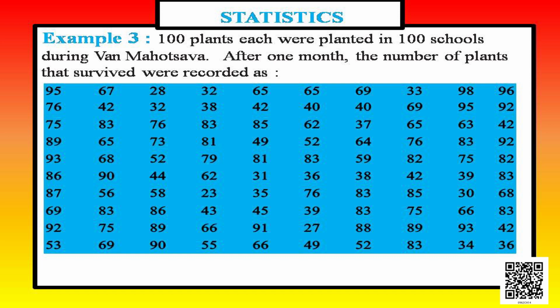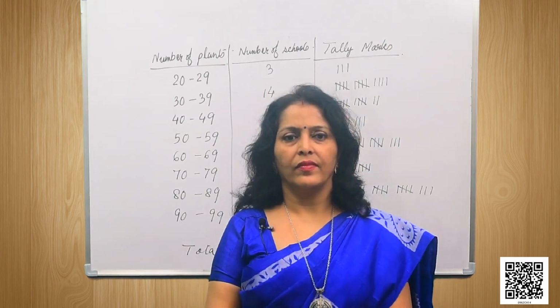All 100 numbers are given to you. For this we cannot make a group of all, because it will be too long to simplify or to get any information from. So for that we make another table of classes, or classified frequency, or classified data.